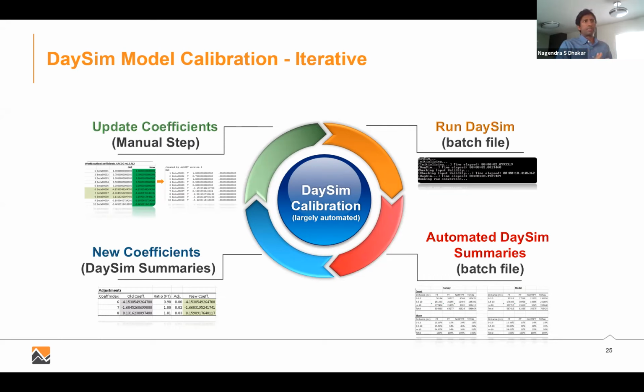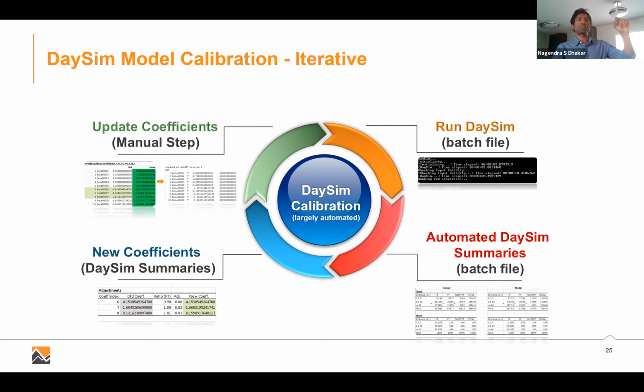To start with, you run the DaySim model with the initial set of inputs, whether it's the land use data, synthetic population files, or the coefficients. And then once that is run, you generate a set of summaries, for which we have an R tool. Those are all automated again. It's all part of the batch file.